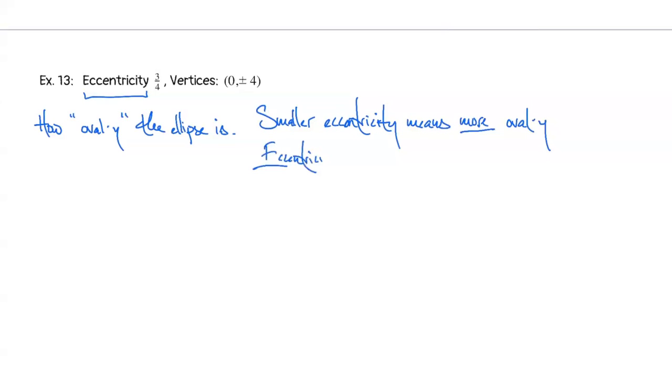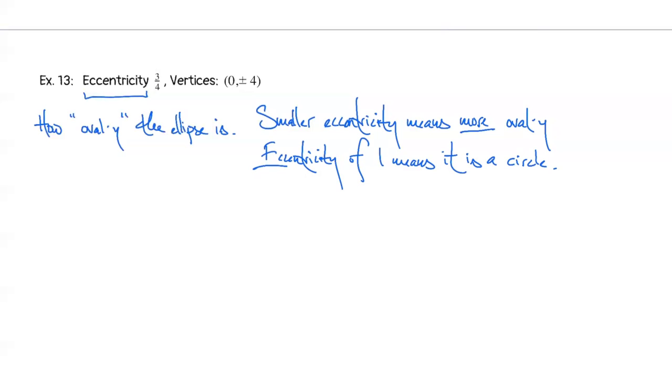Eccentricity of 1 means it is a circle. Okay. So if we have an eccentricity of 1, we're gonna have a circle.